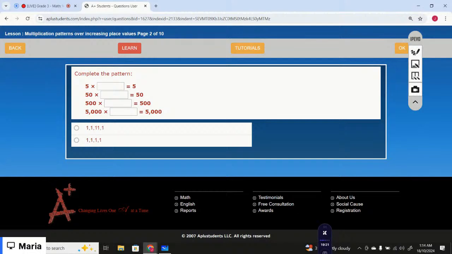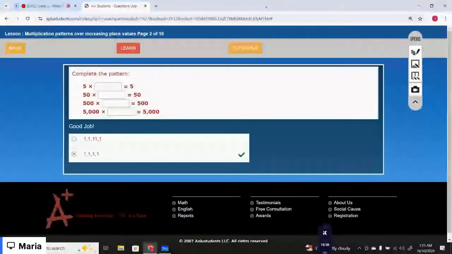That is 5 times 1 is 5. 50 times 1 is 50. 500 times 1 is 500. And 5000 times 1 is 5000. Option number 2 is the correct option.